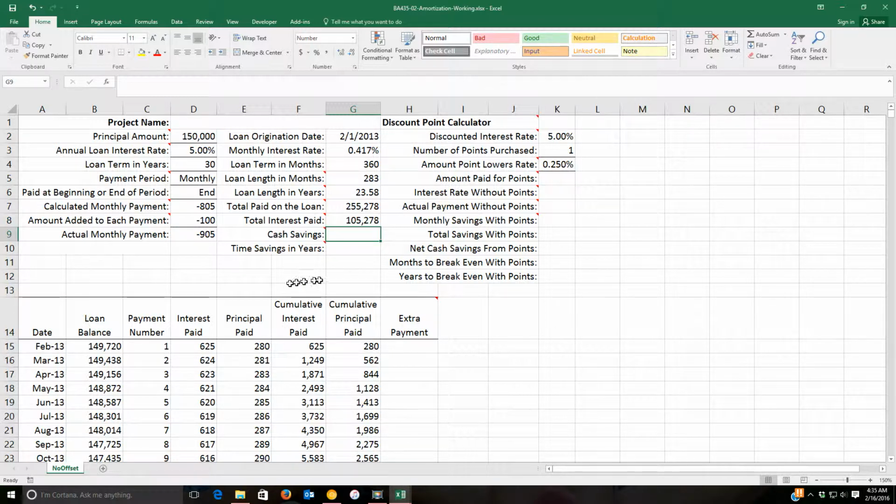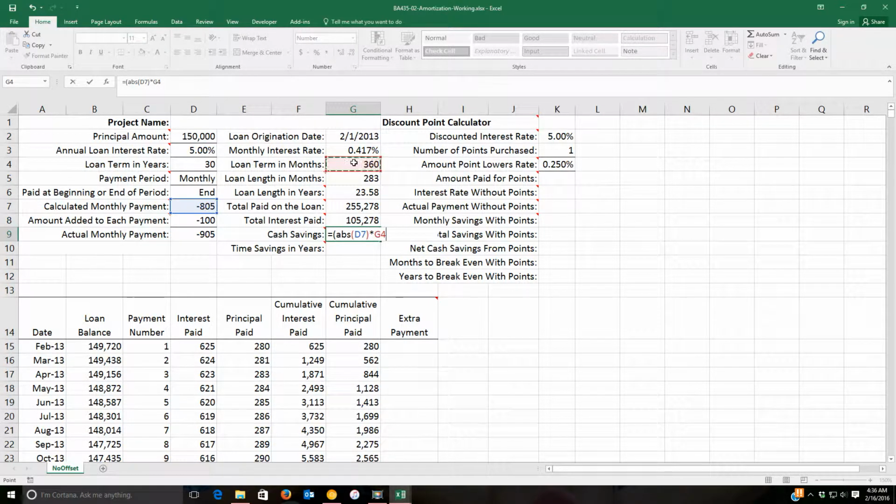The cash savings is the value of what we would have paid had we just followed the terms of the loan, and what we actually did pay on the loan, which is the value right here. So what we would have paid had we just followed the terms of the loan would be, let's take the absolute value of our monthly payment amount, just following the terms, no additional, and let's then multiply that times the loan term.